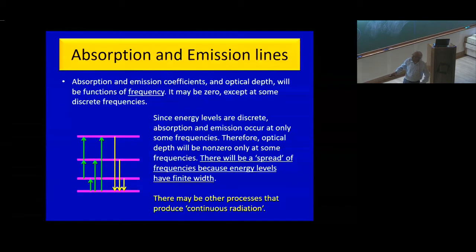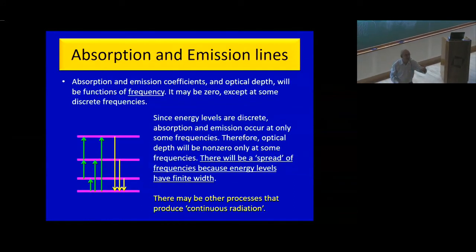There are only certain upward transitions that are allowed. There are only some downward transitions that are allowed because energy levels are discrete. Therefore, the absorption coefficient, the emission coefficient, and therefore the optical depth tau nu will all be a function of frequency. At most frequencies, it will be 0. Suddenly, at one frequency, it is non-zero.